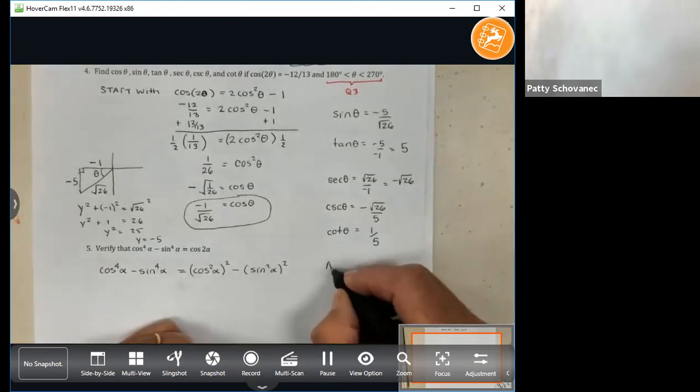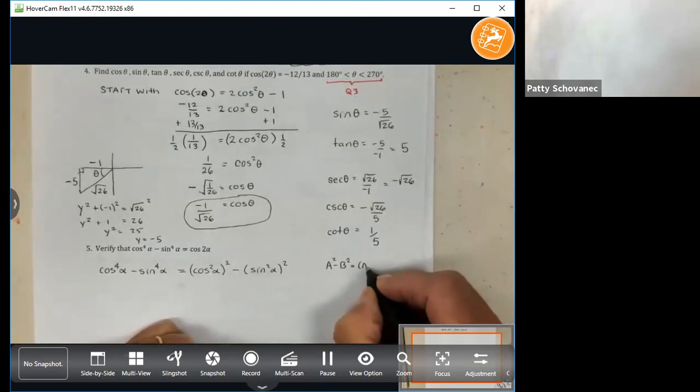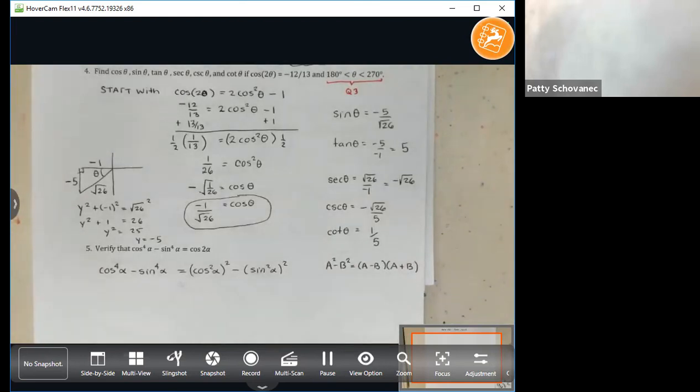Again, a squared minus b squared is what I'm calling the difference of squares. It always factors as the product of these two linear factors, a minus b times a plus b.